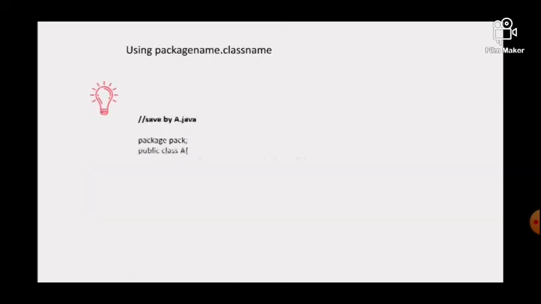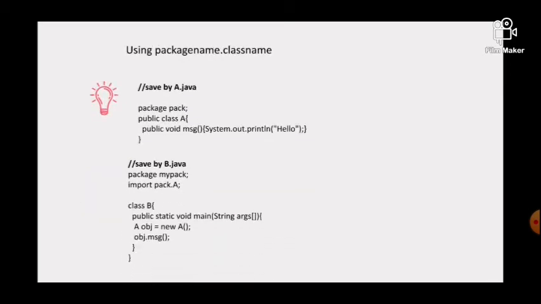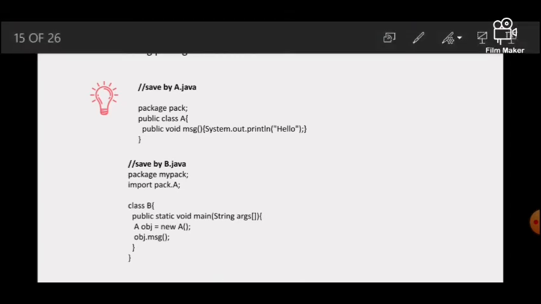Next, we can use package dot class name. In the previous example, I used import pack.star. If I use import pack.A, that means I have access to use the class A from package pack.